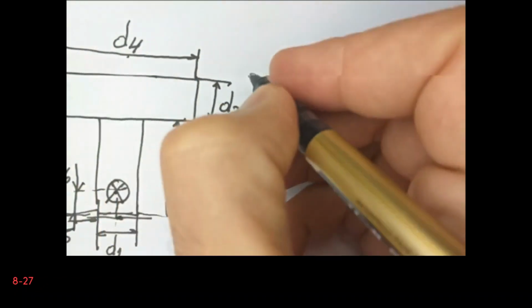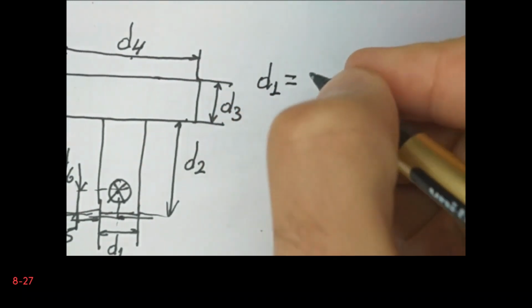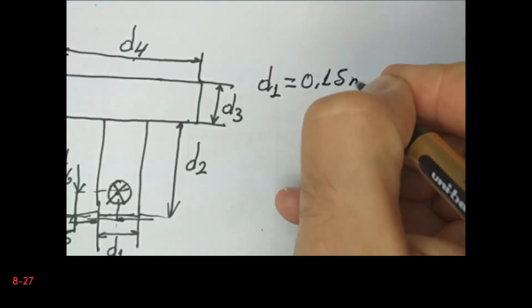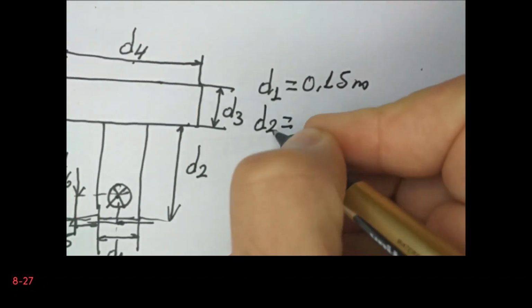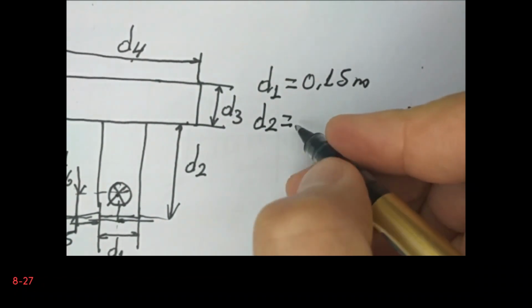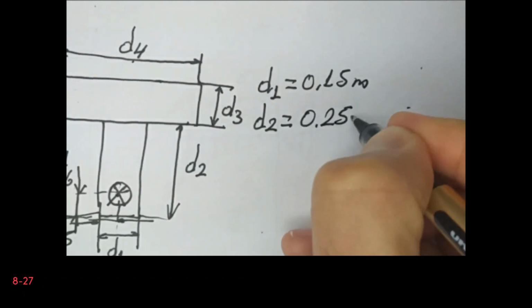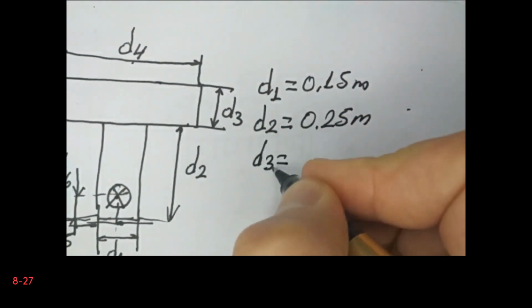D1 is equal to 0.15 meters. D2 is equal to 0.25. D3 is equal to 0.15 again.